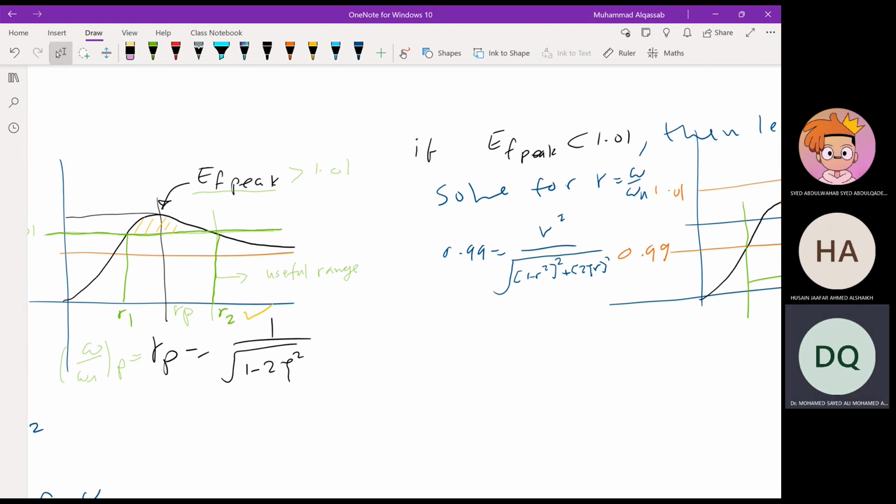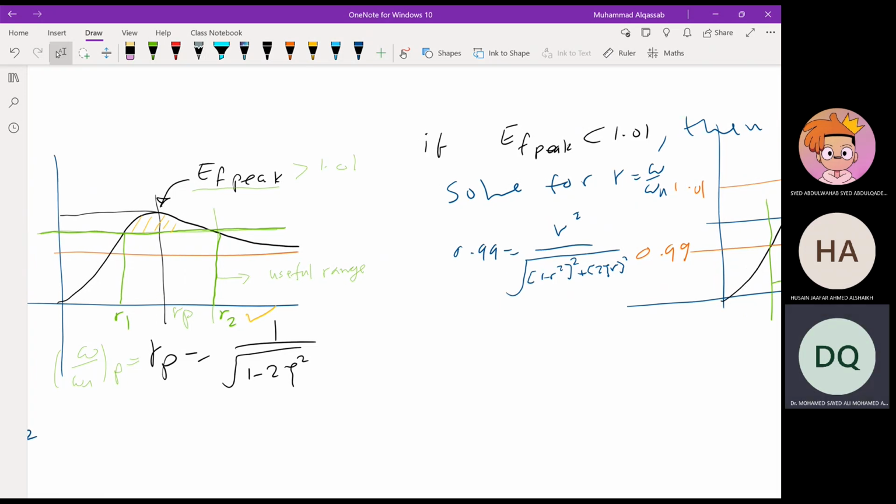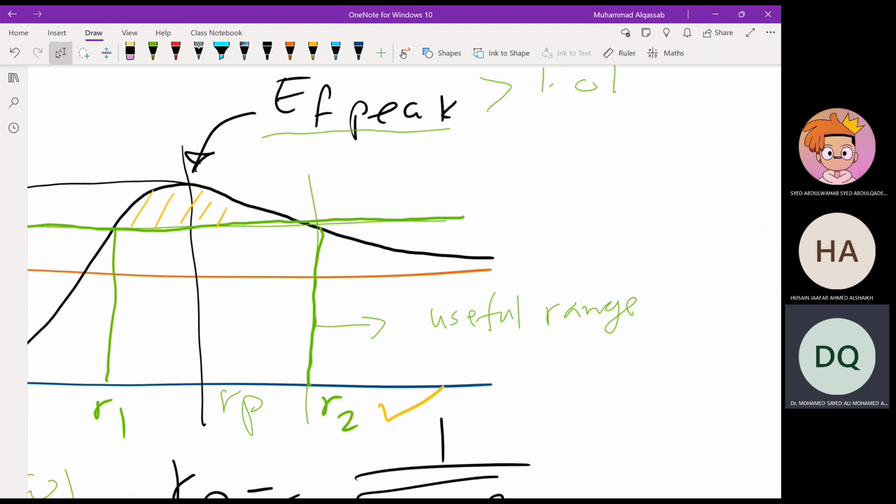If the range is after the peak, after the maximum, then the maximum error occurs at the beginning of the range. As you can see from this figure, the maximum error occurs here. This corresponds to the maximum error.